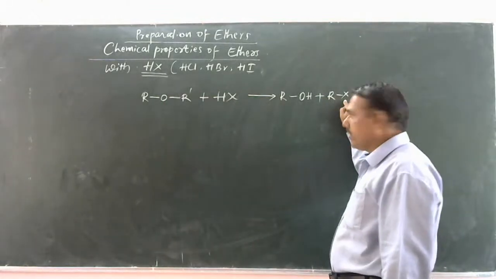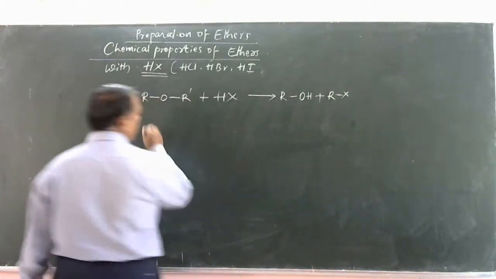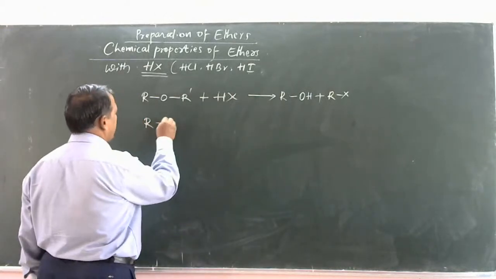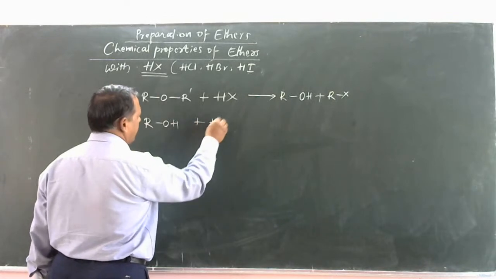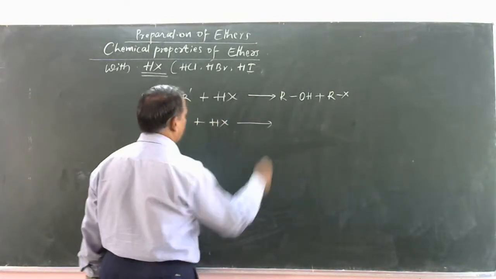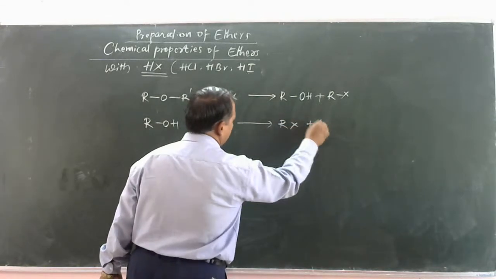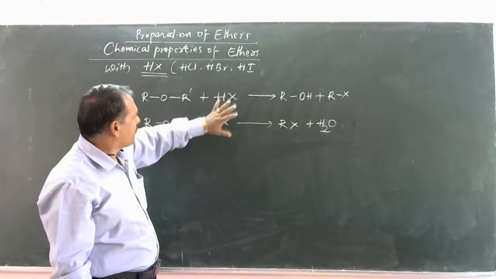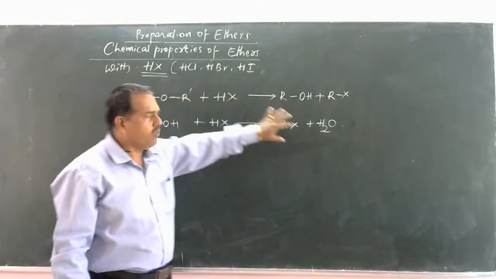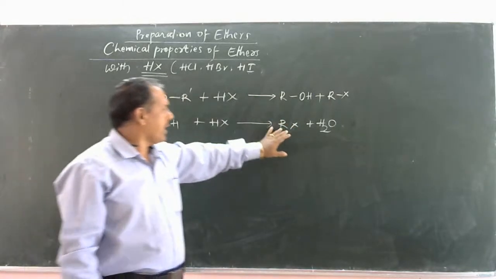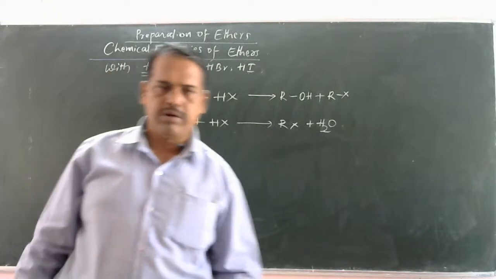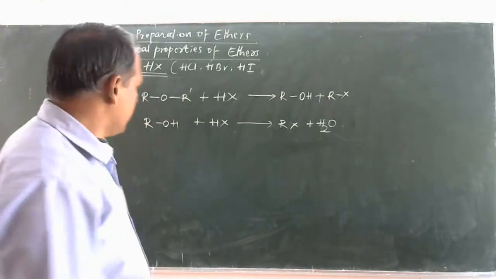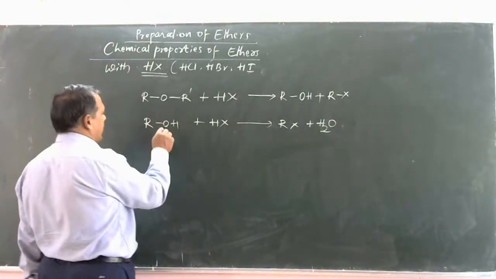Again, this ROH reacts with hydrohalic acid, so we will get again RX plus H2O. So it continuously reacts with the ether, and two molecules of alkyl halides are obtained. Very simple reaction. Are you clear? Okay.